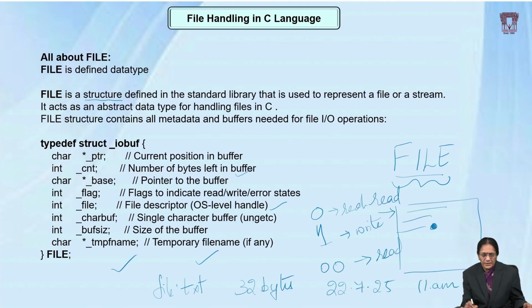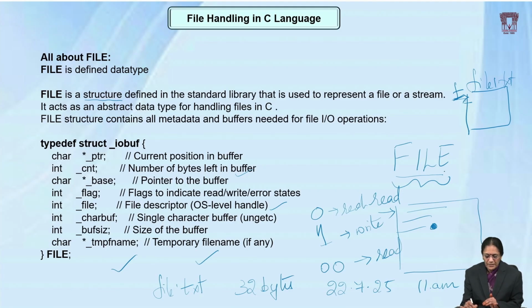Using this capital FILE, we try to create pointers. Say when I open a file and I want to create file1.txt, and I want the starting address of this file in some F. So this F will contain an address. Hence, it is an address towards a file pointer.